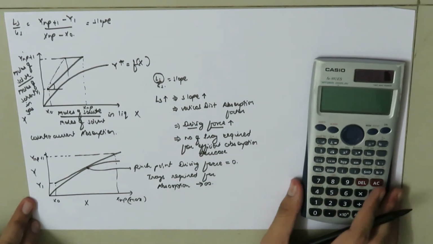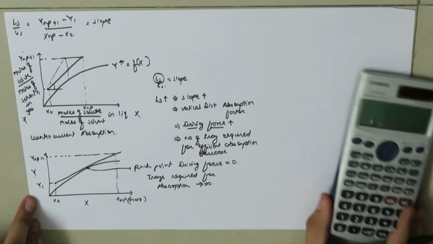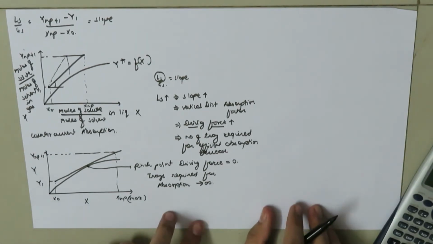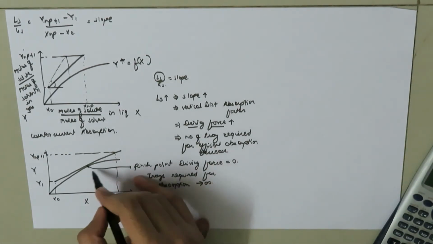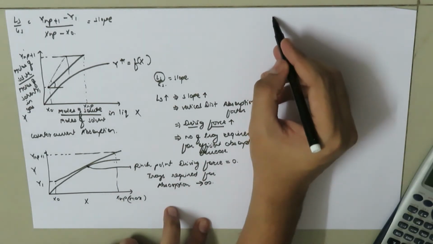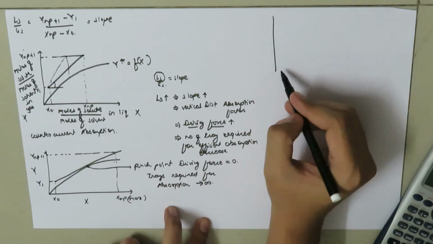And now in some cases, when Henry's law is applicable, the equilibrium curve will change into a linear equilibrium line.